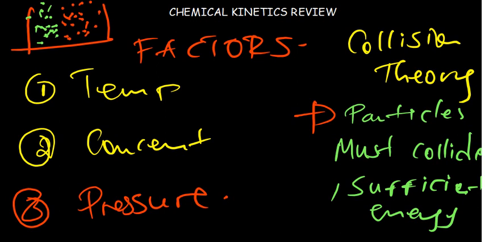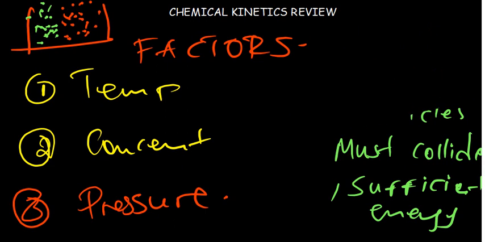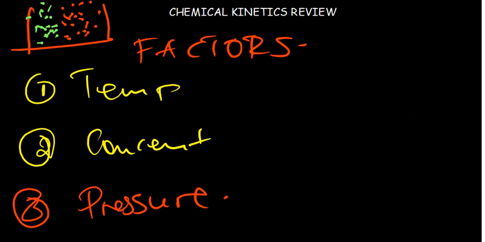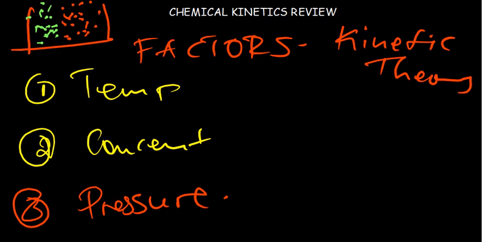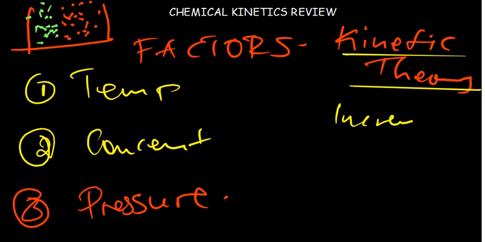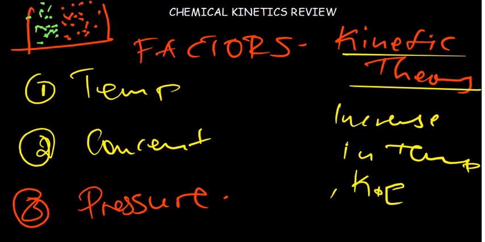Now, when you talk about the kinetic theory, the kinetic theory supports the idea of temperature increasing the rate of a chemical reaction. So the kinetic theory of matter, which you already know, says an increase in temperature will increase what? The kinetic energy of what? The particles. So particles will be moving more when the temperature is higher.